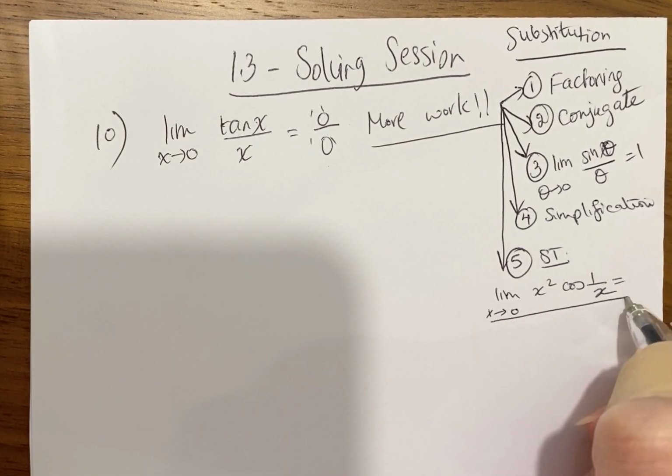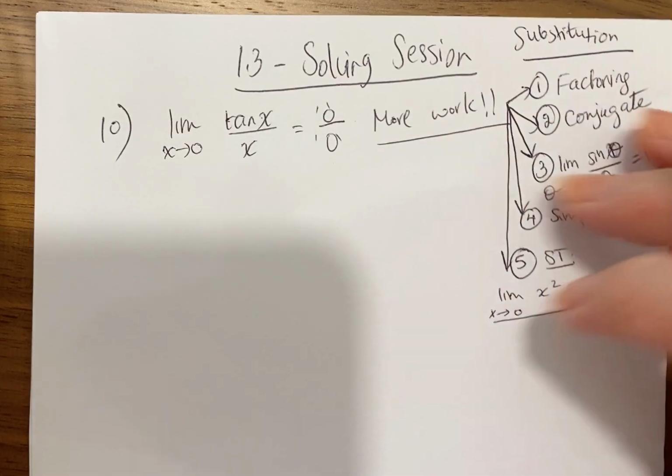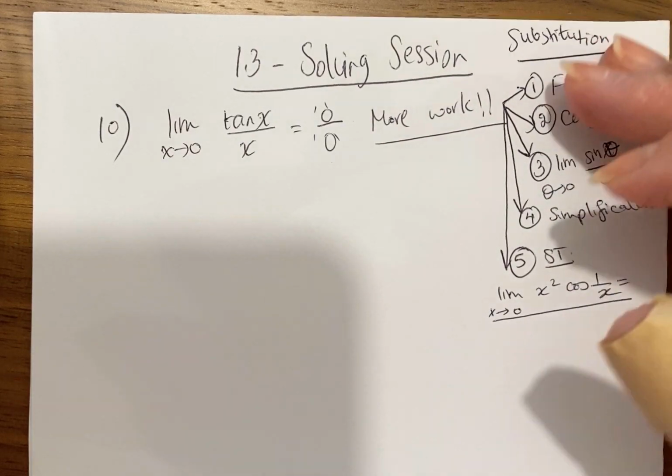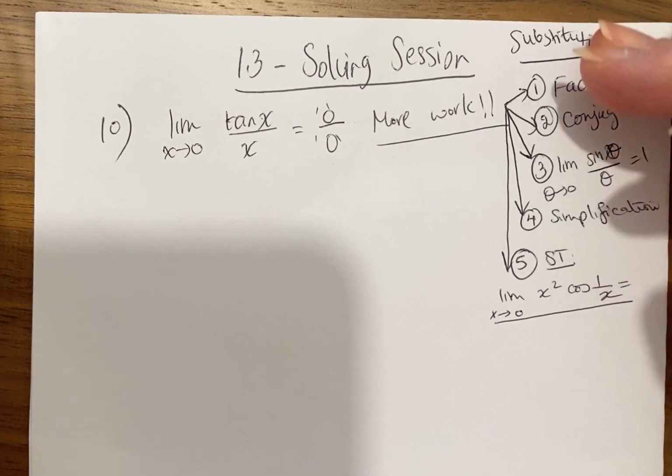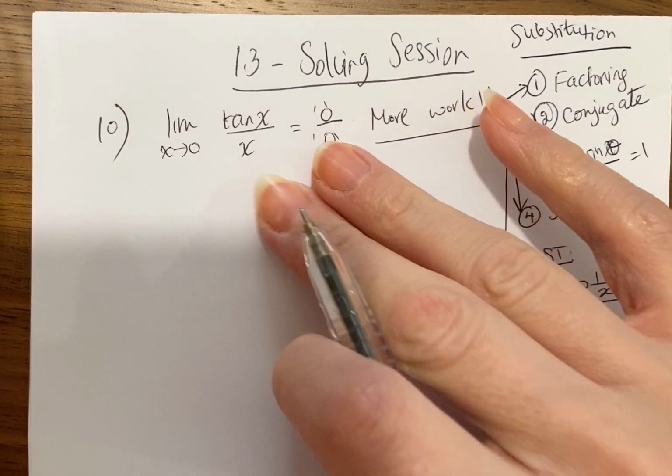This needed the squeeze theorem, where we squeezed the cosine 1 over x between -1 and 1 and found the limits of the upper and the lower bound, which forced the middle function to have the same limit. So it's always good to have a scheme, to have a plan, to think about what I am going to do and how I am going to behave with respect to this.